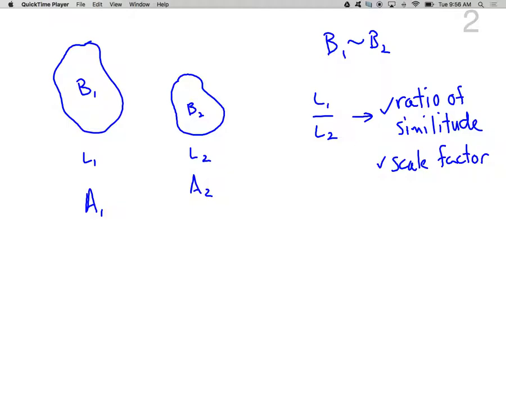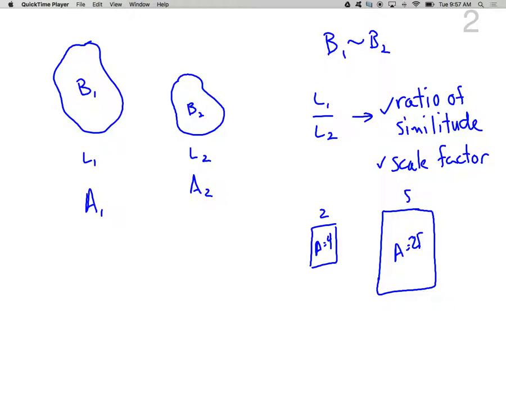So let's go back to the squares. 2 and 5. Area here is 4. Area here is 25. Anything for me?